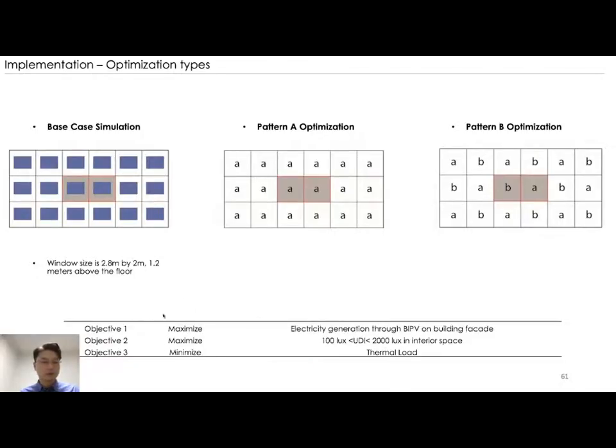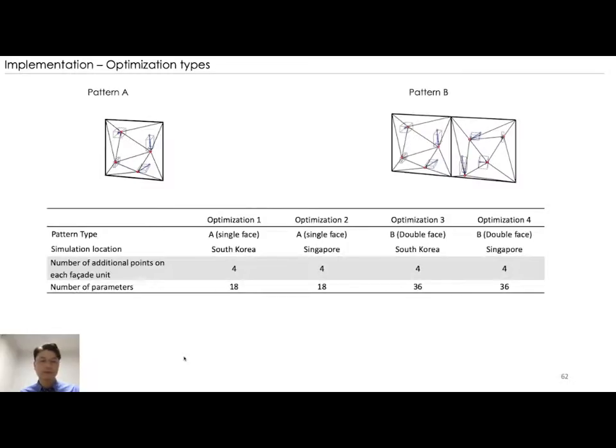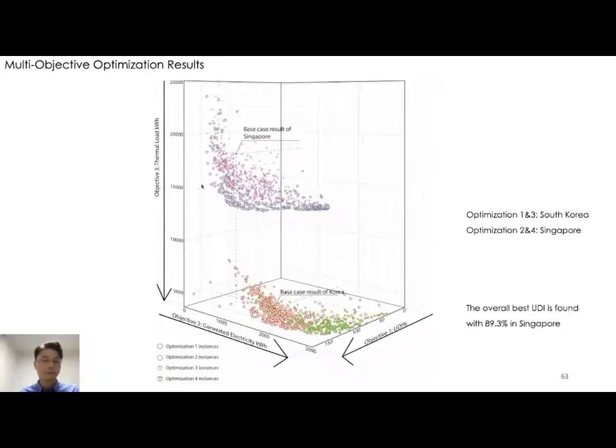So it's 3 objectives, and the optimizations were done similarly, but this time I did it in 2 different regions. And now the Pareto front is not a single line, rather it's a 3D surface.